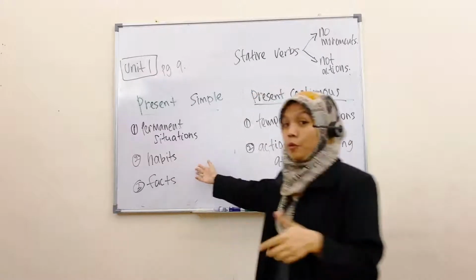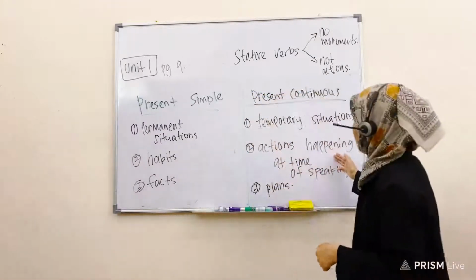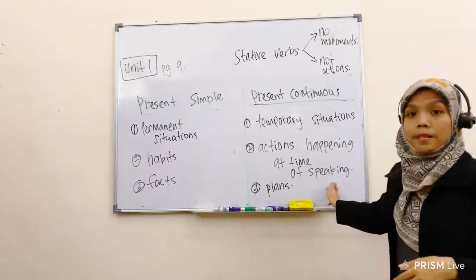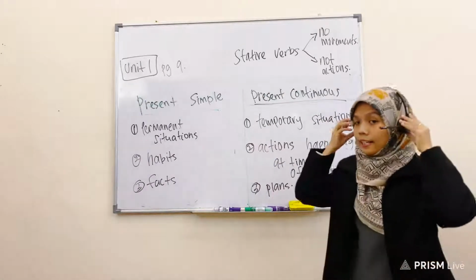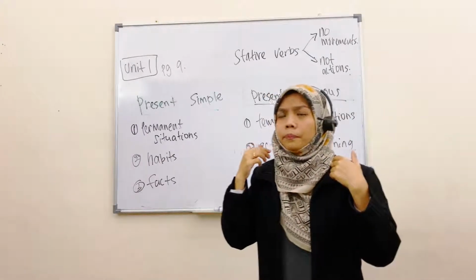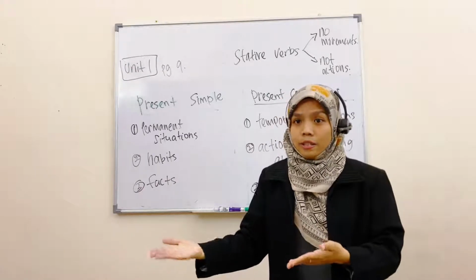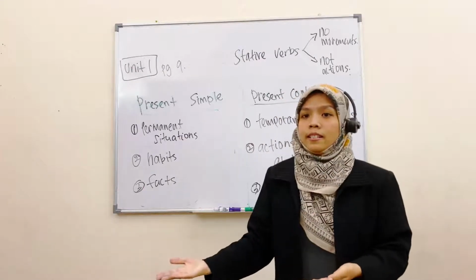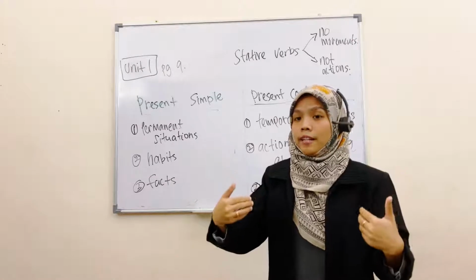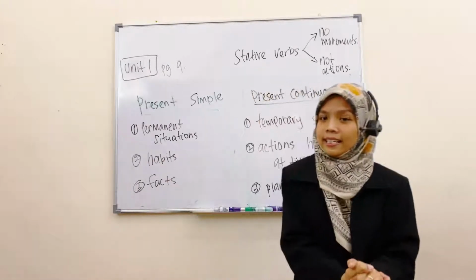This one is habits or routines. This one is an action happening at the time of speaking. Clear? My father is making dinner. In the kitchen, so your father is preparing the dishes.